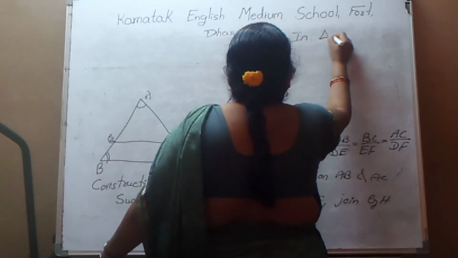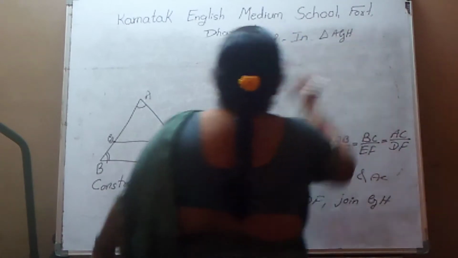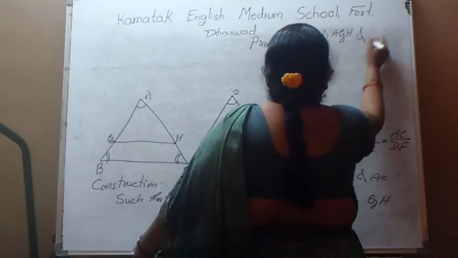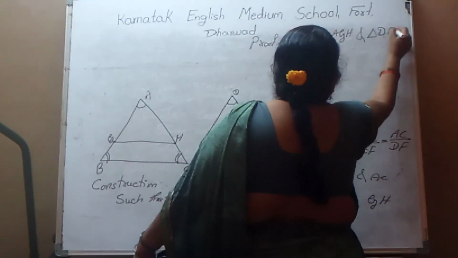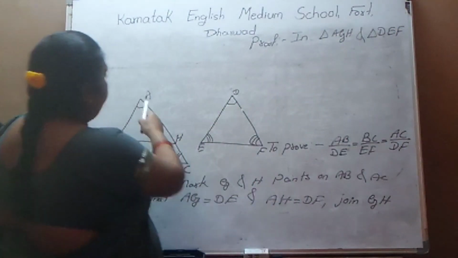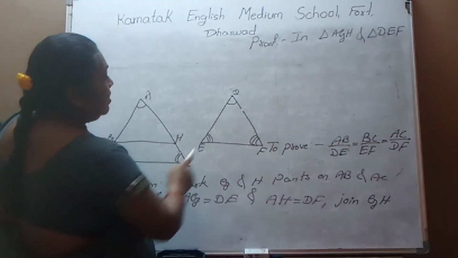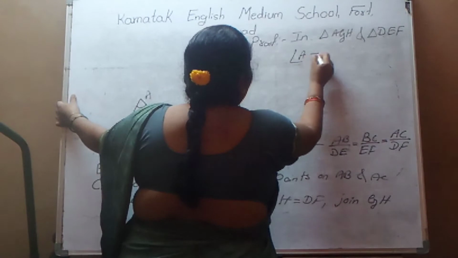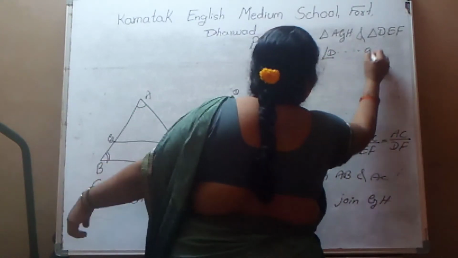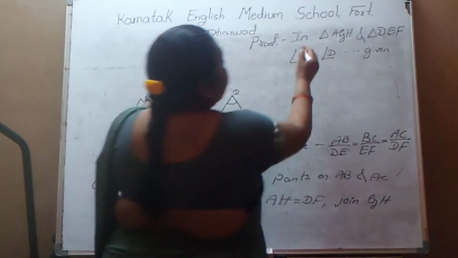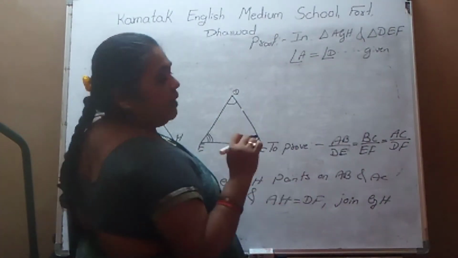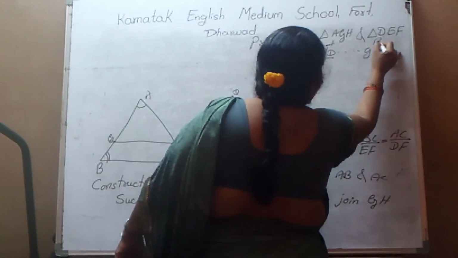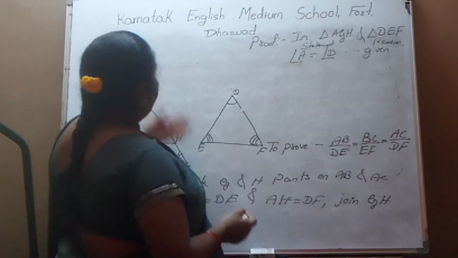In triangle AGH and triangle DEF, they only gave you angle A is equal to angle D. You have to write this as a statement and here the reason. You have to write in your notebook.